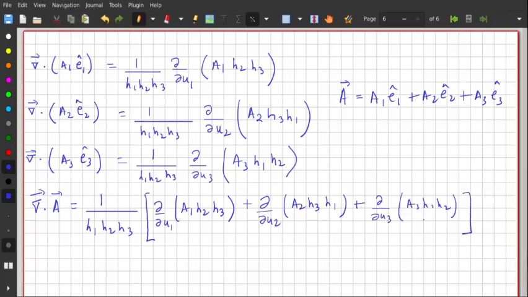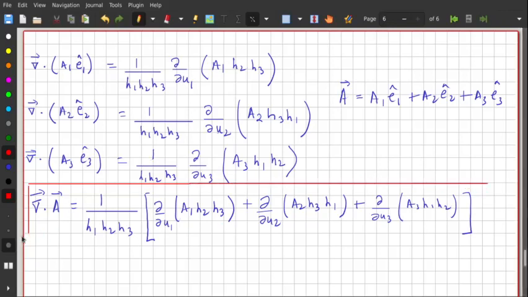So this is the general expression for the divergence of a vector written in an arbitrary curvilinear coordinate system, where H1 H2 H3 are the appropriate scale factors in the 1 2 3 directions respectively.